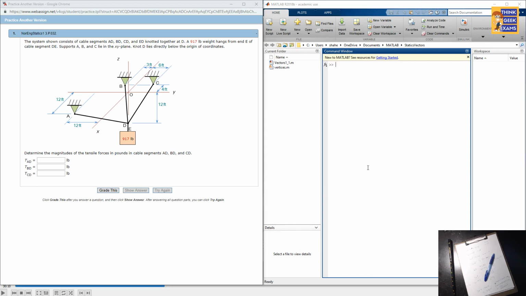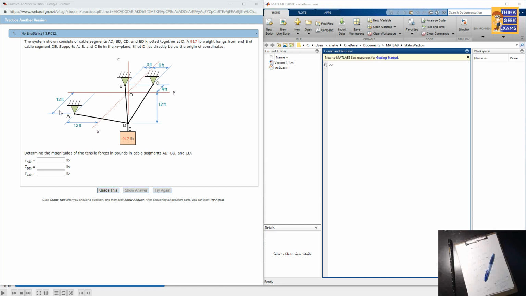So this is the first problem in the fifth homework of statics, and we see that there are three anchors in the ceiling, A, B, C, and the points A, B, C are at different locations with different coordinates.